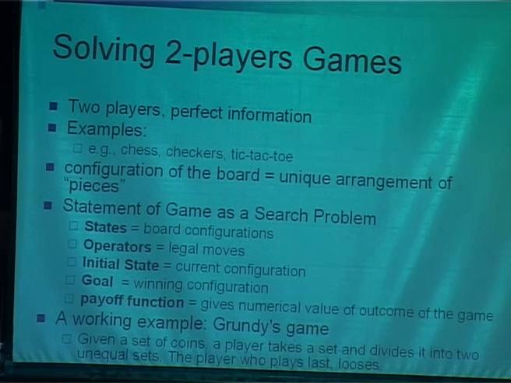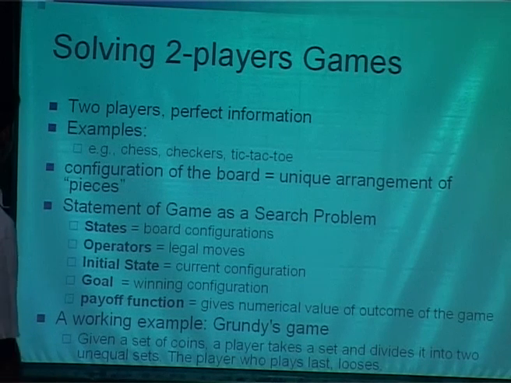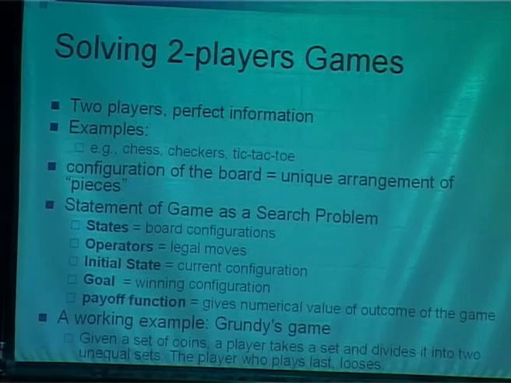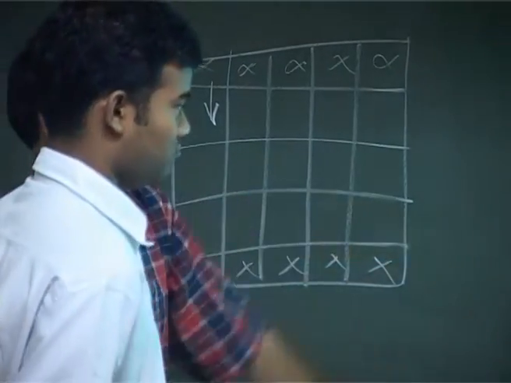For a game tree in any game there are five things: states, operators, initial state, goal, and payoff function. This is the initial state, which is the initial board configuration. If we take one move, this is the legal move, known as the operator.